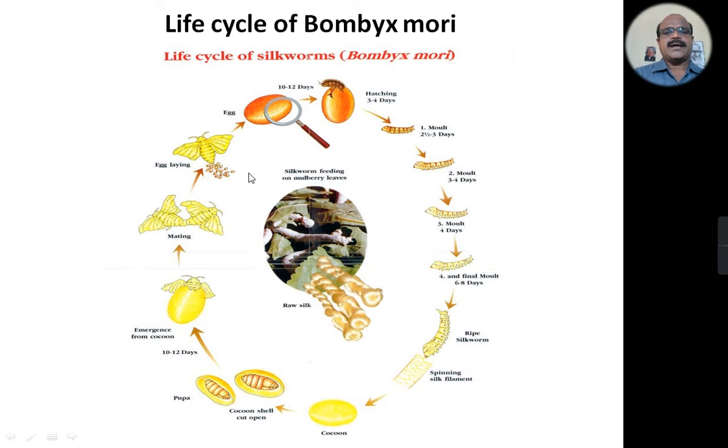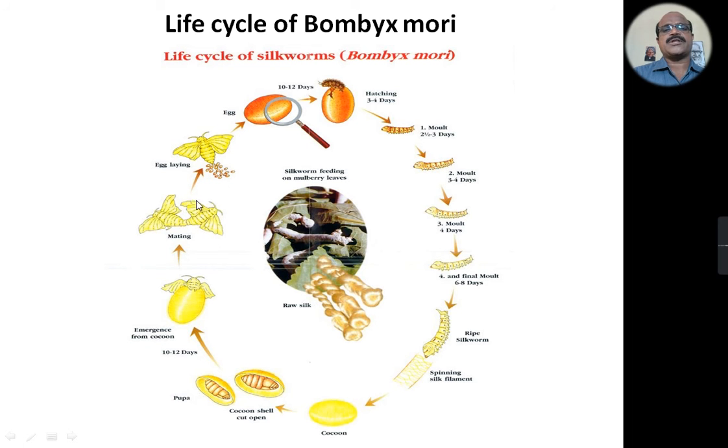See here, look at this picture. Here it clearly exhibits the life cycle of silkworm, that is Bombyx mori. The life cycle of Bombyx mori completes in 4 stages, that is eggs. So these eggs are laid by the female silk moth.